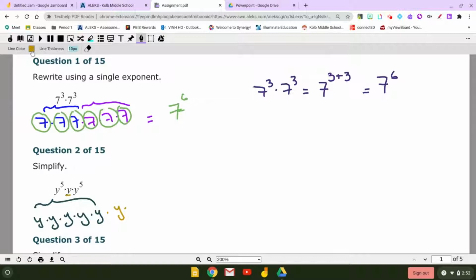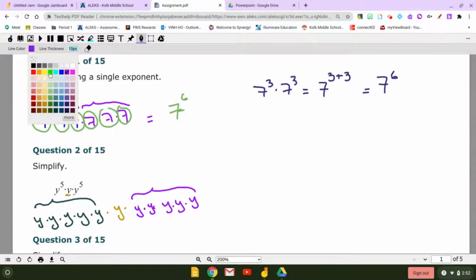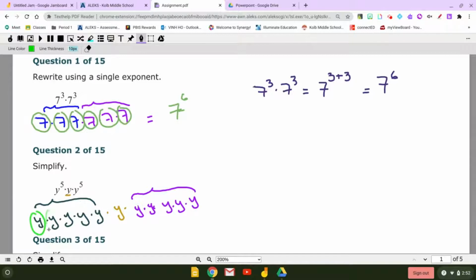The next one, y to the 5th power, is another group of y times y times y times y times y. If we actually take the time and count them, we have 1, 2, 3, 4, 5, 6, 7, 8, 9, 10, 11. So the answer is y to the 11th power.